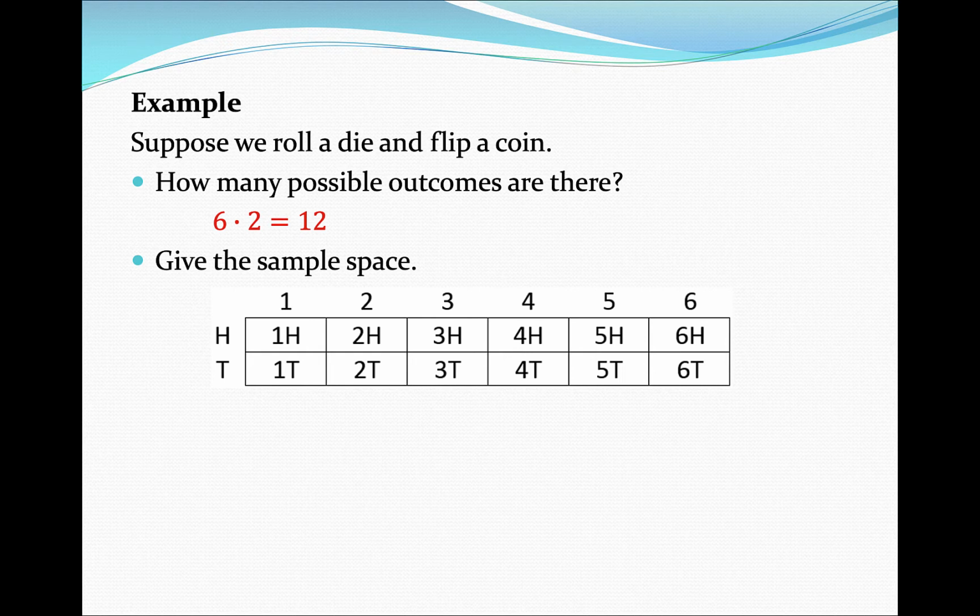For example, if you rolled a die and you flipped a coin twice, then you would have three operations, because you would roll a die, flip a coin, and then flip a coin. So what you'd have to do is you could set it up similar to this. You would let the columns of the table represent the outcomes when you roll the die, but you would have to let the rows of the table represent the outcomes when you flip the coin twice. So you're going to have to combine some of the operations if you have more than two operations and you're going to use a table.